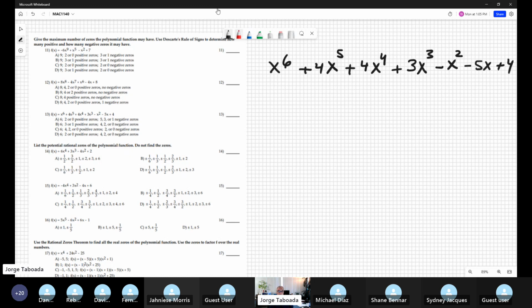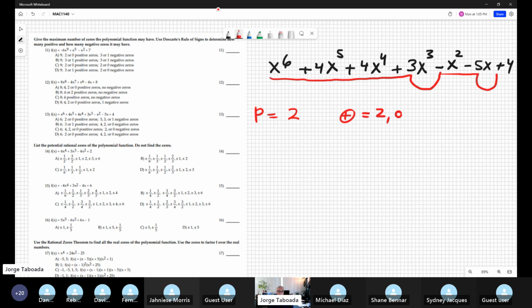If I want to find P, I saw positive, one change sign, negative, one change sign. So P is 2. Therefore, if P is 2, the number of positive zeros is 2 or 0. 2 minus 0 is 2, and 2 minus 2 is 0.